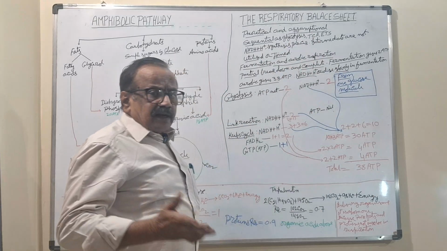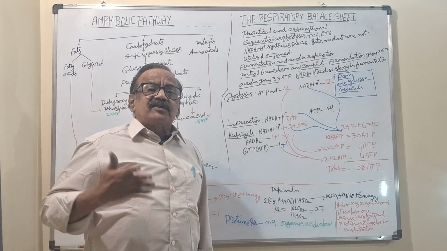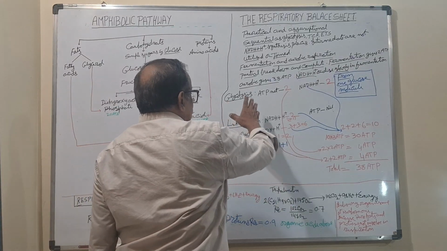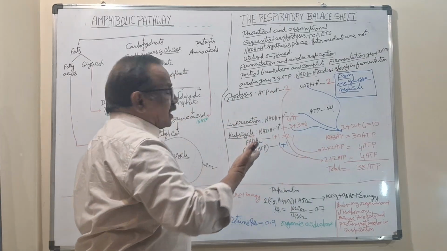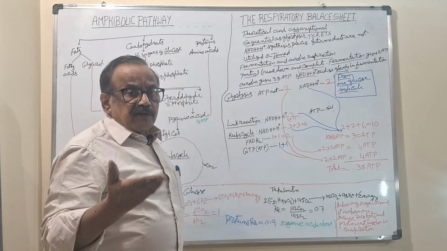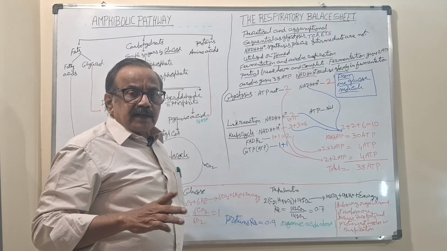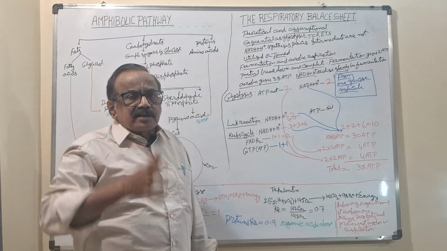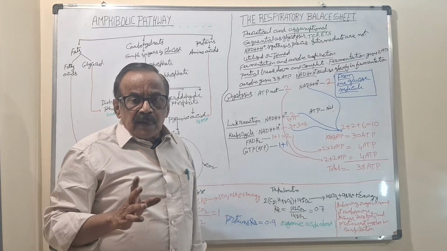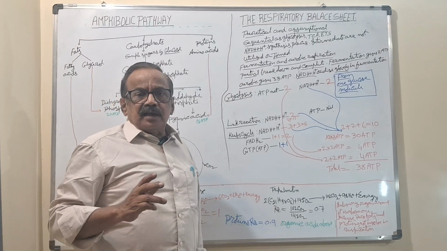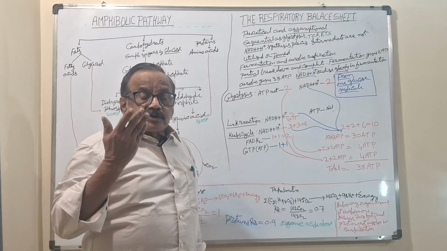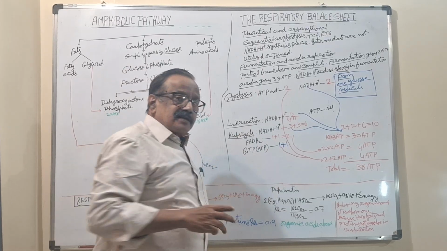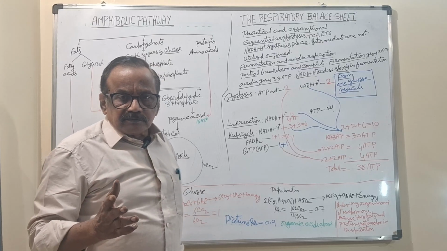Now, the sequence: the first step is glycolysis, and its end product is pyruvic acid. It goes to the mitochondria, where it undergoes the link reaction and the Krebs cycle. In all these steps, some ATPs are produced directly, and energy-storing molecules are also produced. They are NADH plus and FADH2.